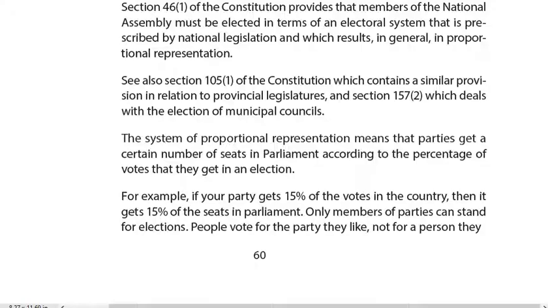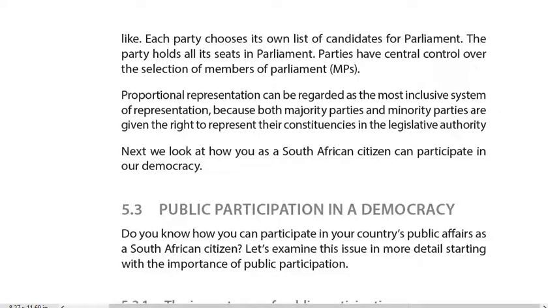Only members of parties can stand for elections. People vote for the party they like, not for a person. Each party chooses its own list of candidates for parliament. The party holds all its seats in parliament. Parties have central control over the selection of members of parliament, MPs.